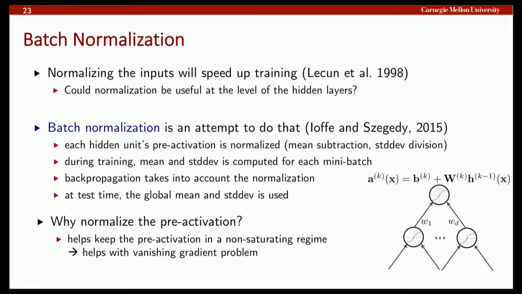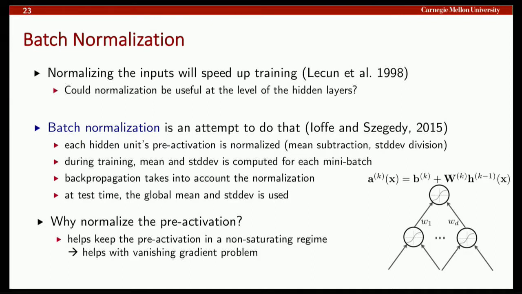And the idea is, again, very simple. Each hidden unit pre-activation is normalized, right? So when we look at the pre-activation, we want to basically normalize it to be 0 mean, variance 1. During training, we compute the mean and standard deviation for each mini batch. We subtract the mean, divide by the standard deviation, basically meaning that whatever goes into my hidden unit always has 0 mean, variance 1.